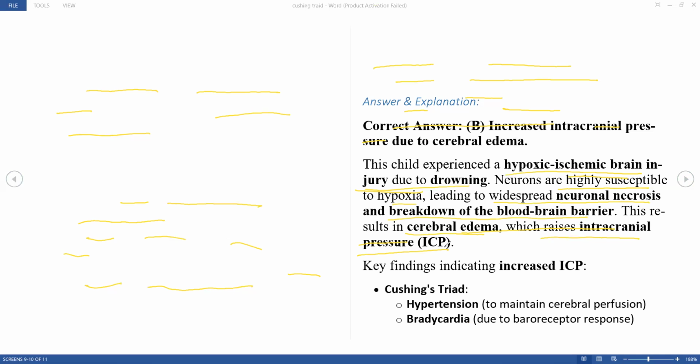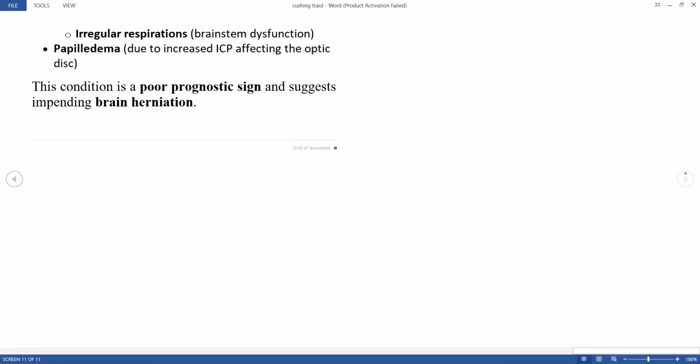Key findings indicating increased ICP are the Cushing triad, hypertension, bradycardia, and irregular respiration, and papilledema due to increased intracranial pressure. The condition is a poor prognostic sign and suggests brain herniation.